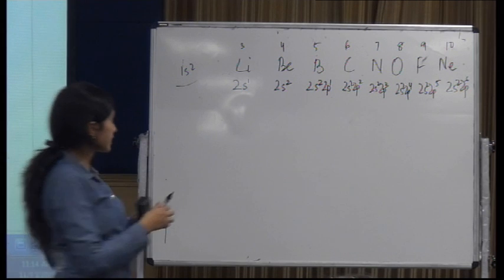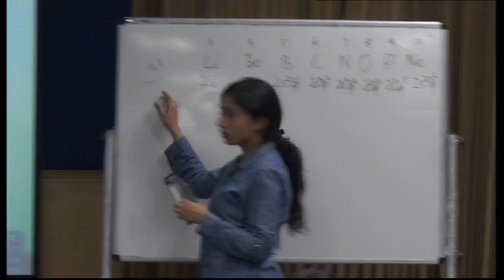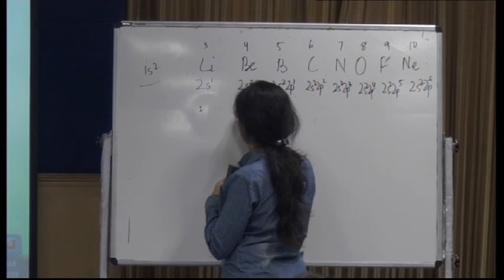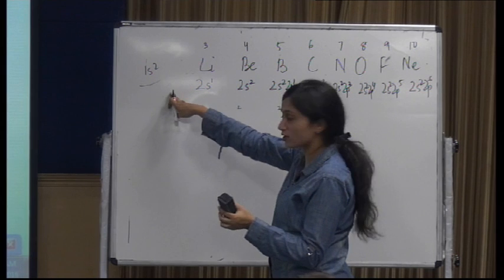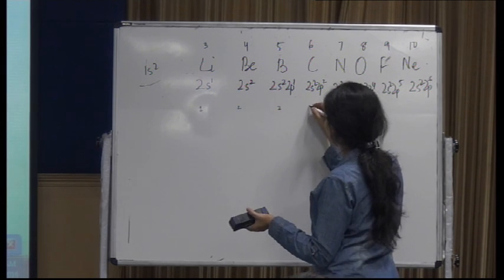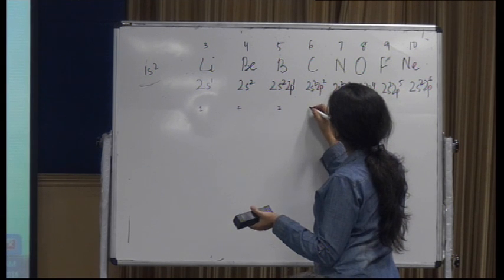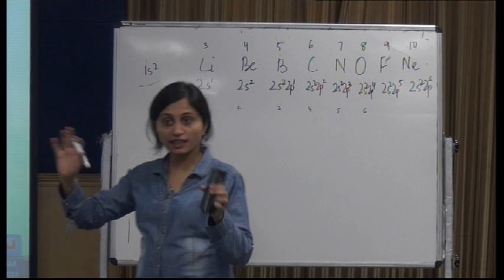Effective nuclear charge कैसे देखोगे इस केस में? It will be 3 minus 2. What is that? 1, 2, 3. वही वो. I mean it will be 4 minus 2 and then 5 minus 2. Basically the number of valence electrons only. Then it becomes 4, 5, 6. So the effective nuclear charge is increasing.